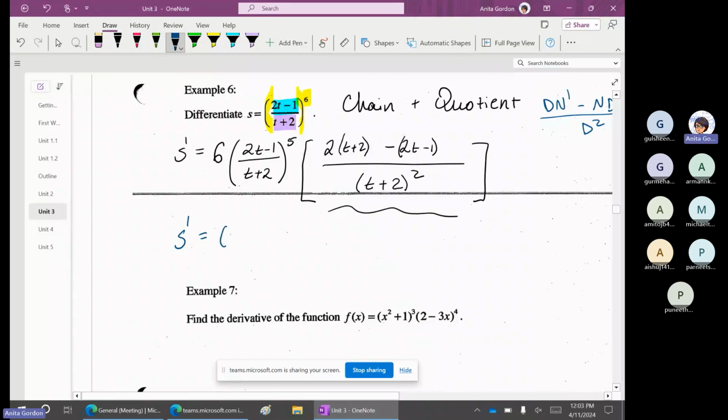S prime is 6 bracket 2t minus 1 over t plus 2 all to the power 5. And what is in the bracket? Can we distribute and collect? Yeah. What's going to be in the top? 2t cancel.